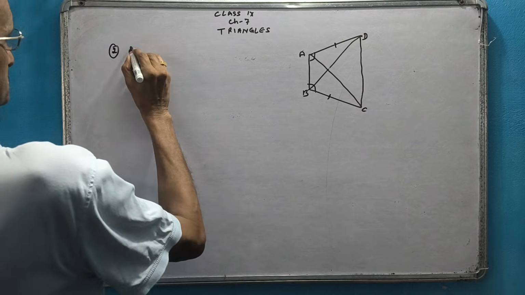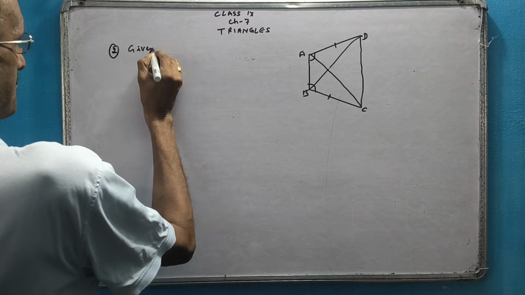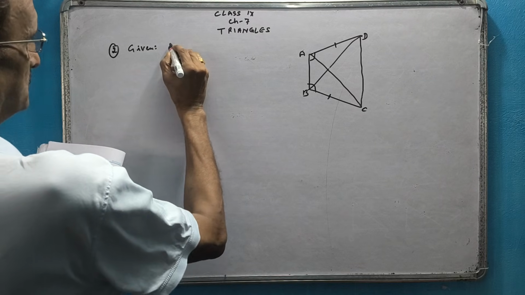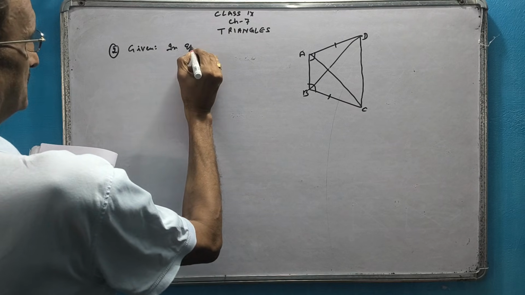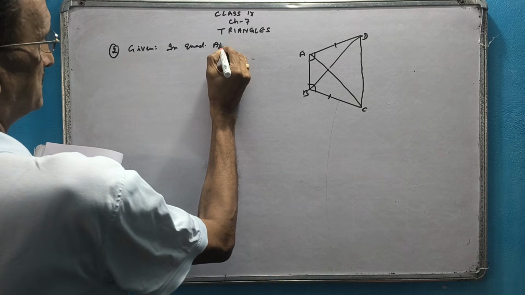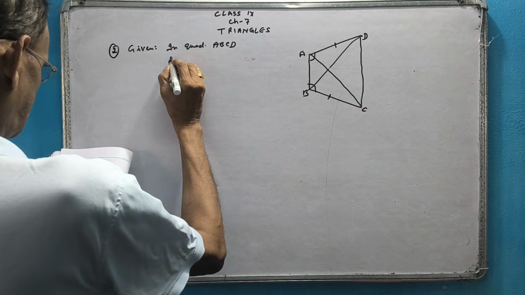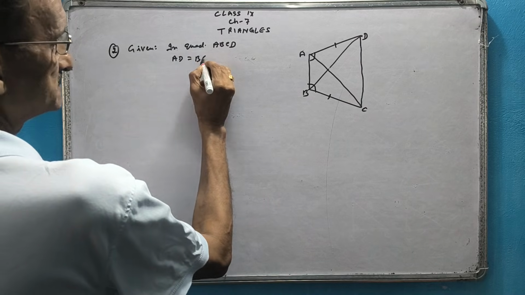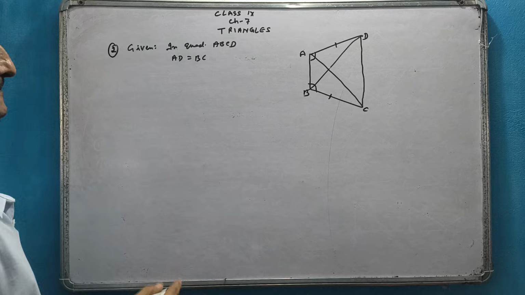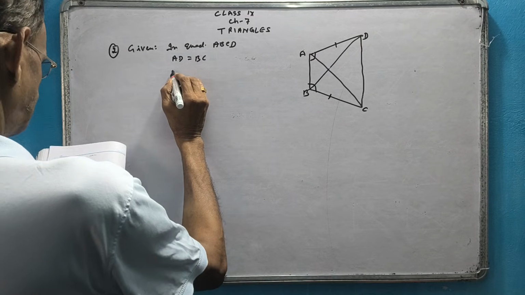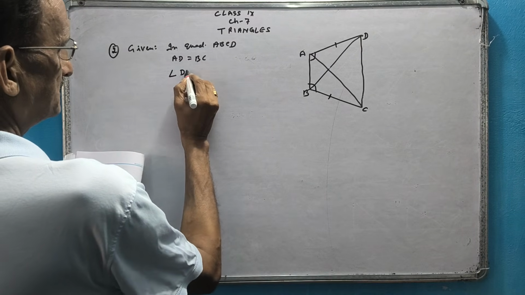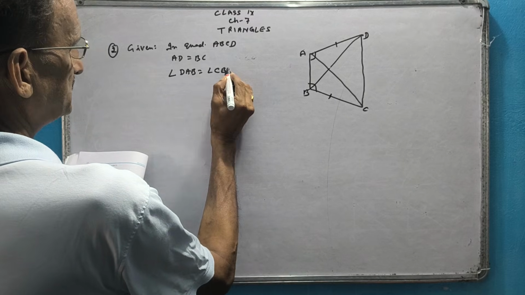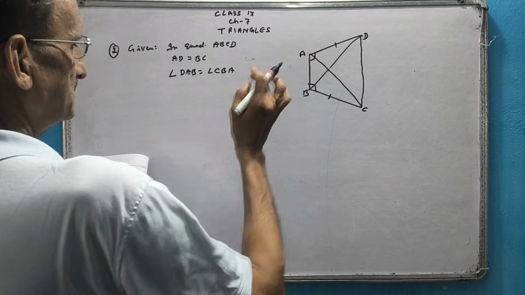Now given, write down. What is given? ABCD is a quadrilateral. In quadrilateral ABCD, AD equal to BC, see, it is marked in the diagram also, and angle DAB equal to angle CBA.